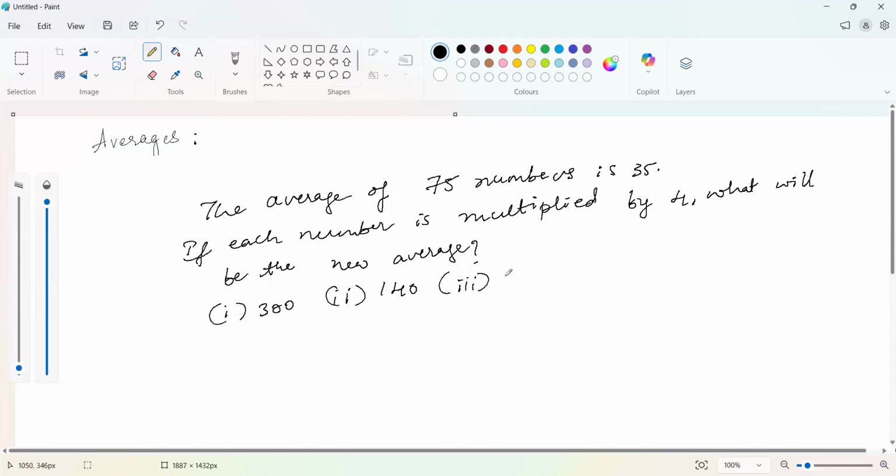Earlier I told you the shortcut method for this. We have solved two such similar questions. What is the answer? You don't have to do any calculation. Just directly multiply the average with 4.